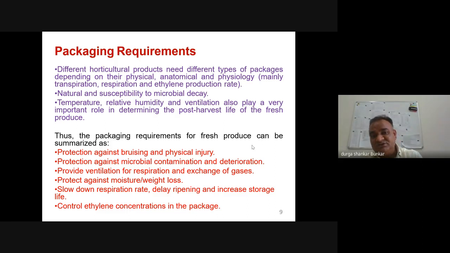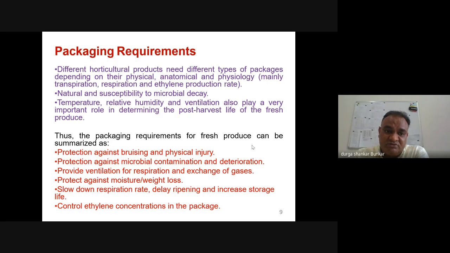These are some factors if we go for horticultural produce. As a physiology and anatomical factor, we have to consider that different fruits and vegetables come in different sizes and shapes. So we have to design particular packages for the particular one.